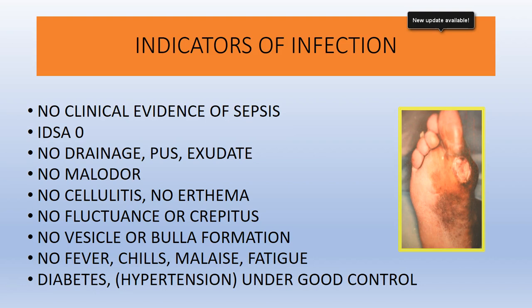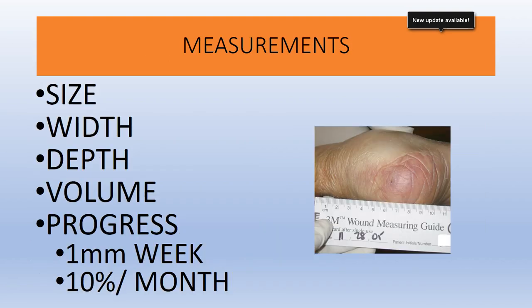So I'll put down that there's no drainage or pus or exudate, there's no malodor, no erythema or cellulitis, no fluctuance or crepitus, no vesicle or bulla formation, and the absence of systemic signs of illness, and that their diabetes or hypertension remains under good control. These are all things that are important to show that you've looked at that entire patient, you've looked at that entire lower extremity, and you have a reasonable basis to suggest the patient was without infection.